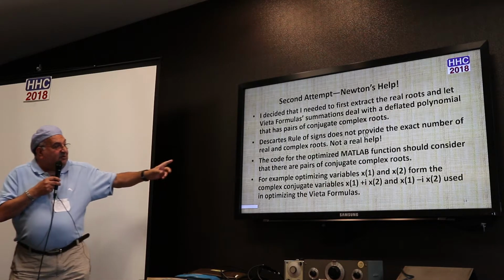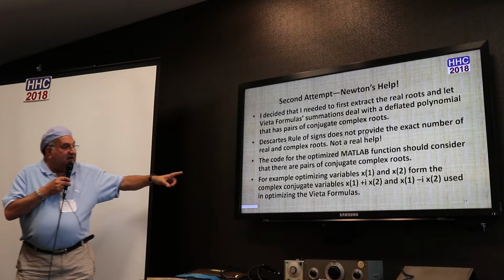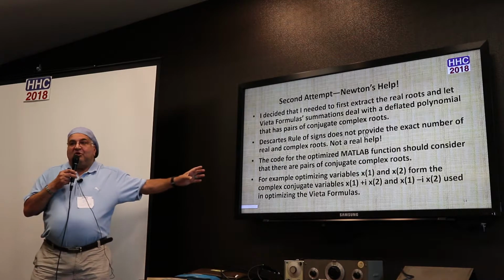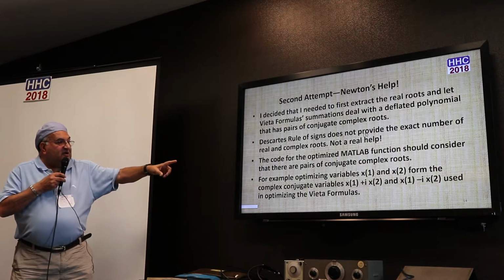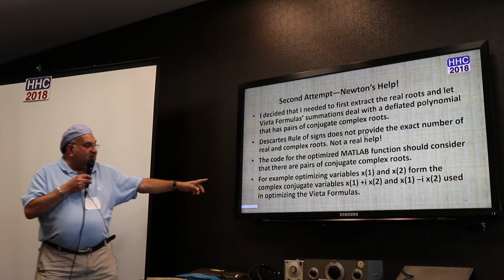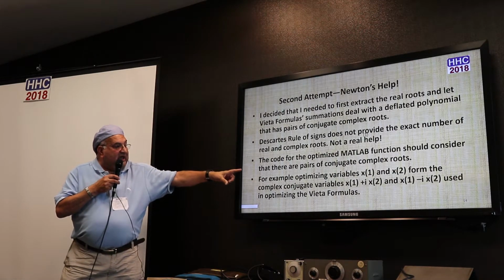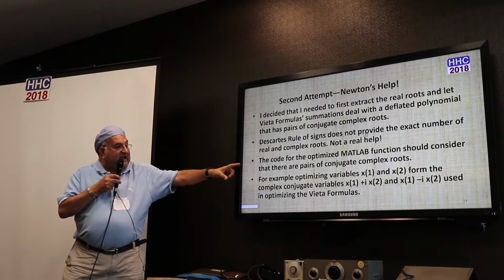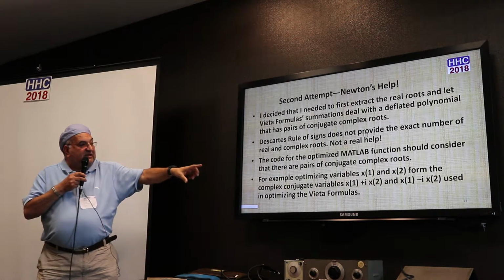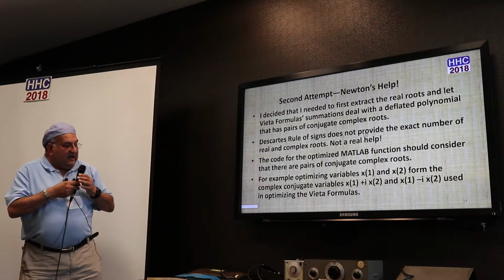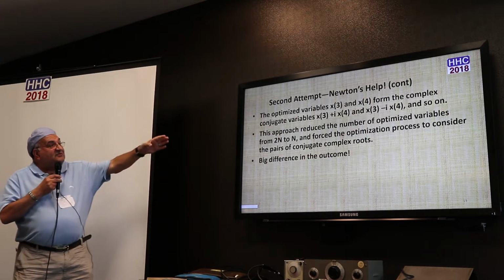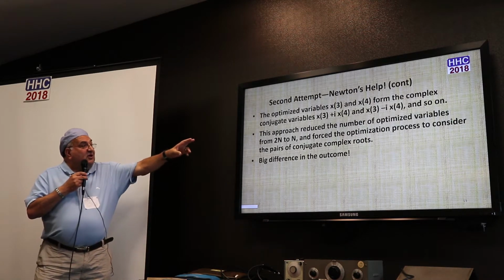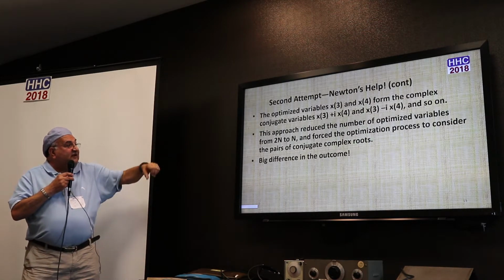So I said, okay, I'm going to use MATLAB again, and I'm going to optimize the variables. For example, the variables x1 and x2 will form a complex conjugate: x of 1 plus i x of 2, which makes it a complex number, and x of 1 minus i x of 2, to be used in the Vieta formulas. Same thing if we have x3 and x4; I get two complex variables.